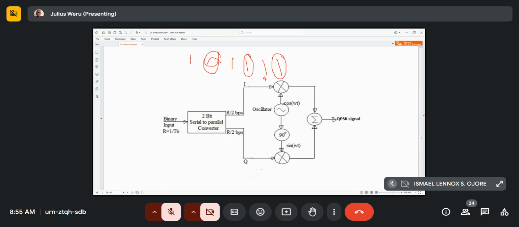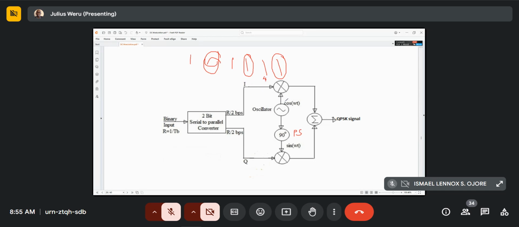One you multiply with the cosine, and the other one you multiply with a phase-shifted cosine. This is a 90 degrees phase shifter. A phase-shifted cosine produces a sine. They are just shifted by 90 degrees, and so we call this the Q arm, and this one the I arm.